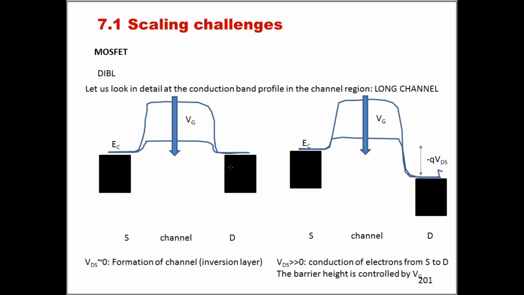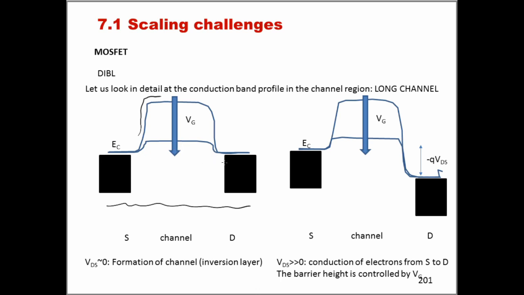So when there is no VDS applied across the MOSFET transistor, and initially when VG is equal to 0, the energy diagram is this one here. As we apply a positive VG, what happens is that the conduction band in the channel is pushed downward, and so we turn the transistor on.